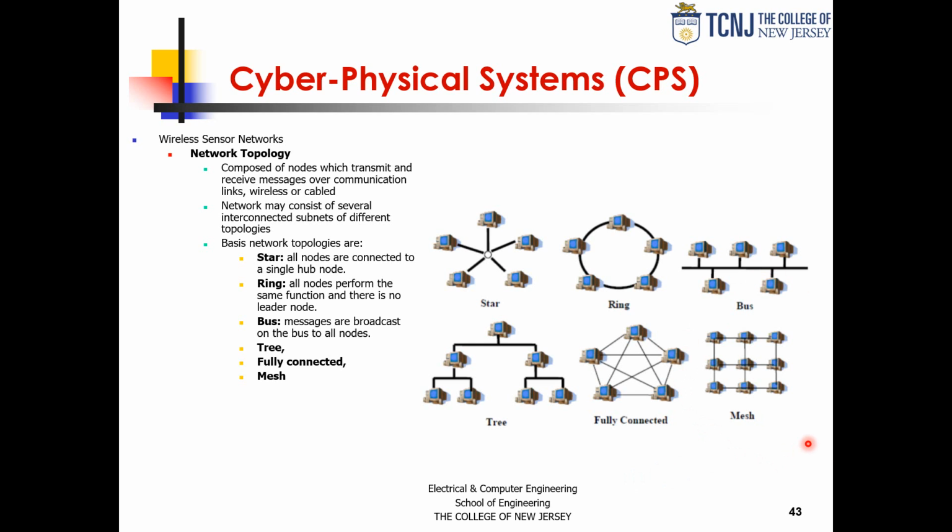And finally, we have the mesh topology, which is one where a network entity only connects to adjacent neighbors in what are called Manhattan directions, so horizontal or vertical. This one is very nice and is used a lot in wireless sensor networks because it's not as complex as the fully connected topology.